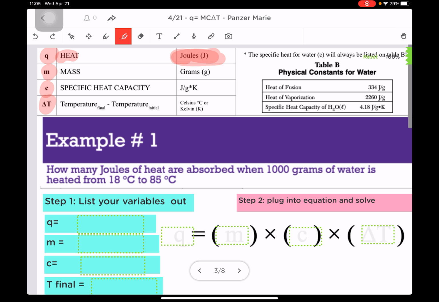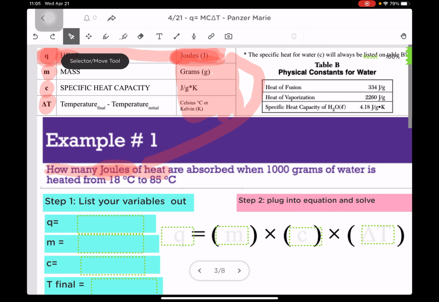So let's say you're reading the question and you're like, okay, how many joules of heat? Joules? What the heck are joules? You could go up here and look at all these units. There's joules. Where do I put that? Oh, I put it for Q. So as you're reading these questions, if you don't know, look at the top.